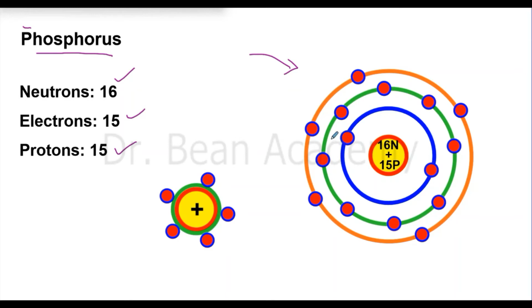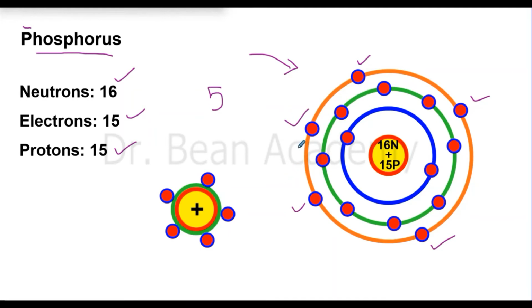Because 2 and 8, 10 electrons are in the first 2 orbits, I have only 5 electrons left, because there are 15 electrons. 10 are in the first and second orbit, so I am left with 5. So I put 5 electrons in the third orbit.